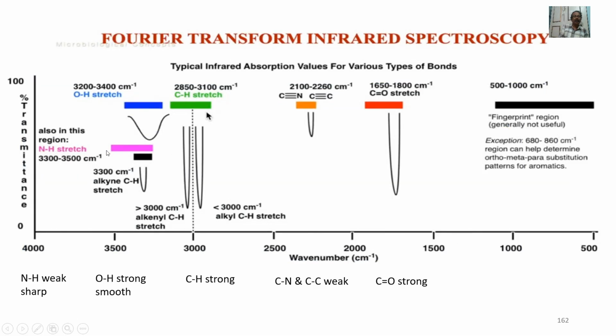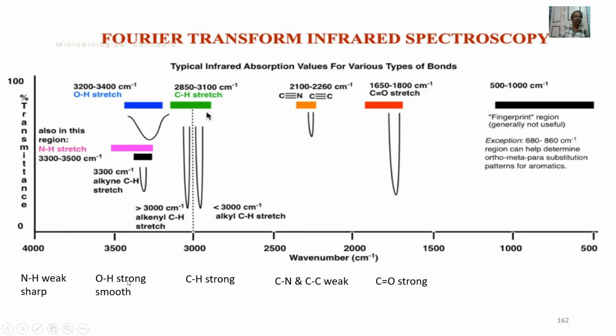And this is the Fourier Transform Infrared Spectroscopy, see here. In this region, as I said earlier, around 4000 to 3500, both will occur, either OH or NH. How to differentiate these two, as I said: NH is weak and sharp, whereas OH is strong and smooth.